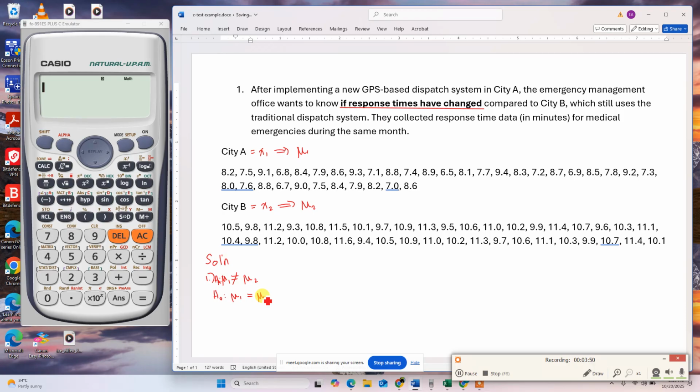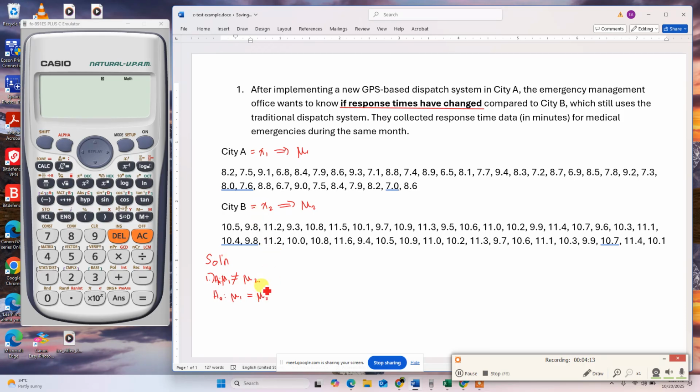Again, just for emphasis, we can identify our hypotheses based on the given. In the statement, if the response times have changed, it means the response time of CTA is not equal to the response time of CTB.